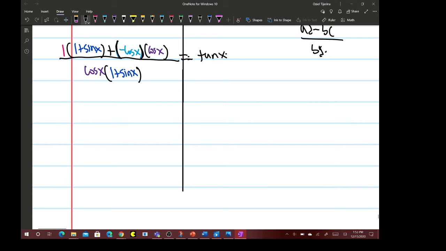So we then have 1 plus sine x minus cosine squared x over cosine x plus sine x cosine x is equal to tan x. Okay.